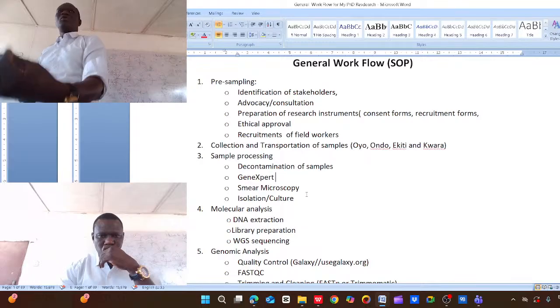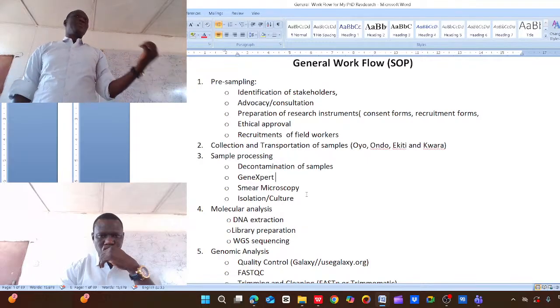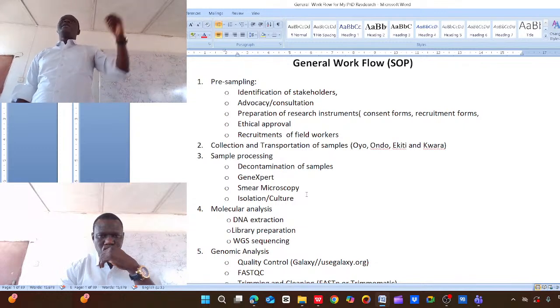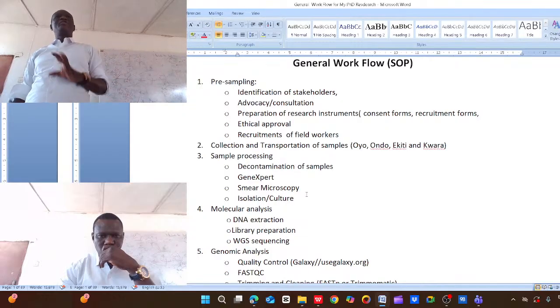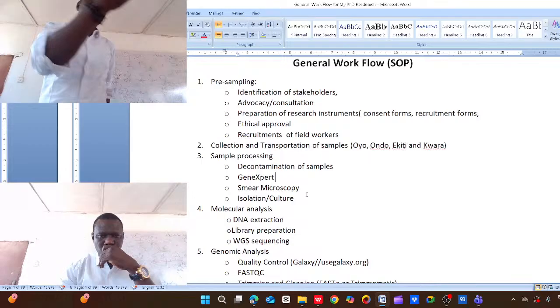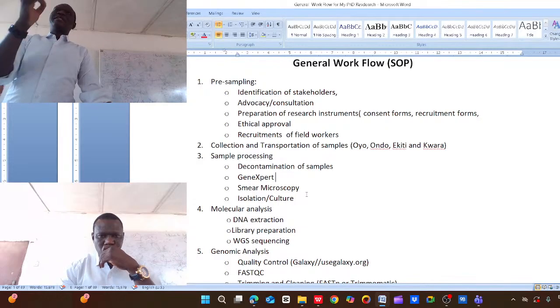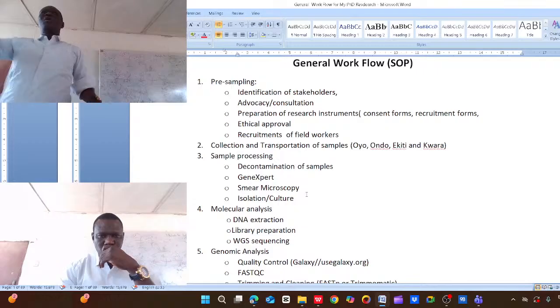After you must have isolated it, you are going to keep your sample in a bottle, and it is going to be transported to where they will continue with molecular analysis. Don't forget that you, as a bioinformatician, what you are interested in is to get your sample in the form of alphabets, and the alphabets are going to be in the form of a nucleic acid, which can be DNA or RNA.